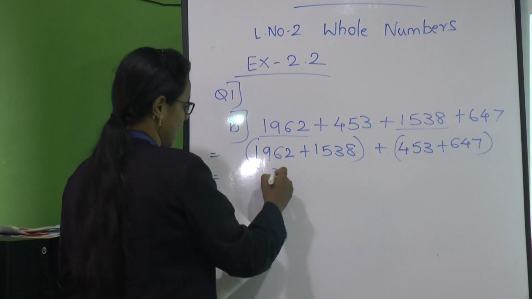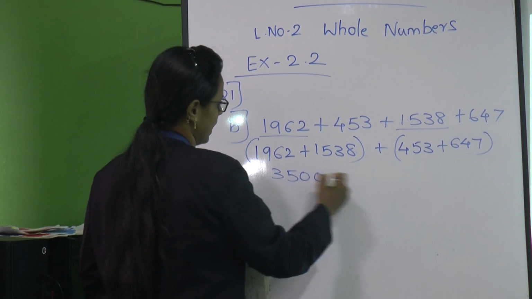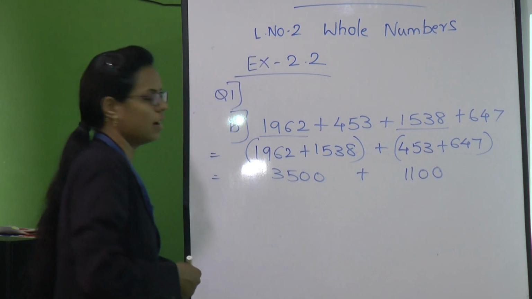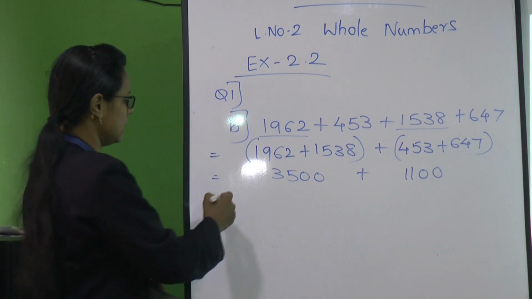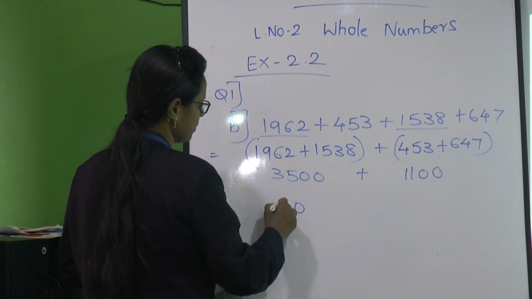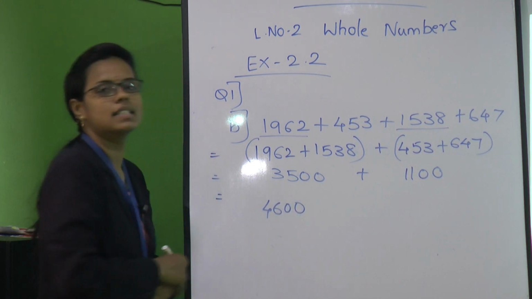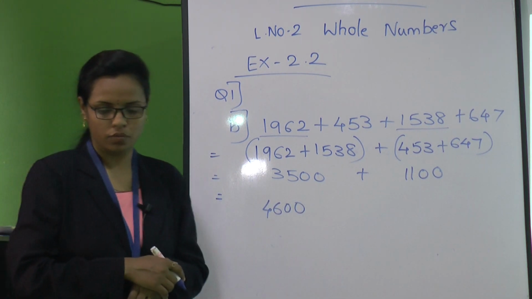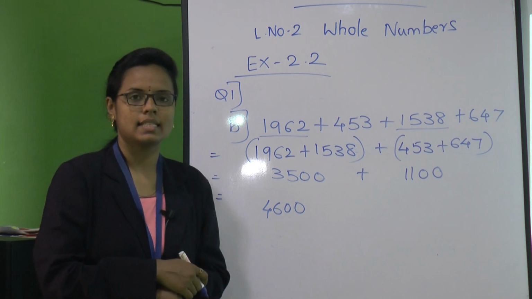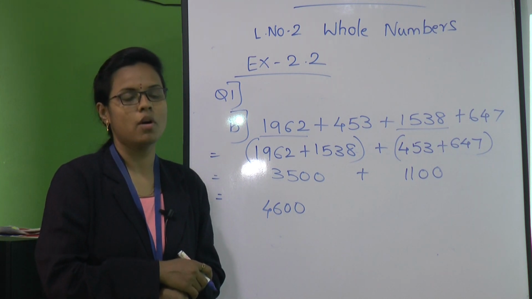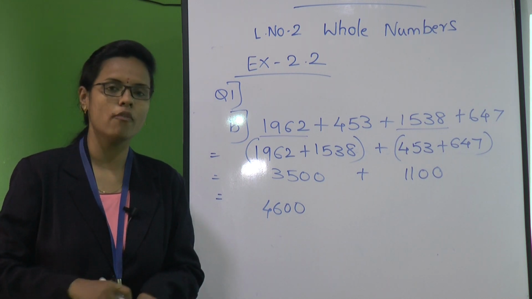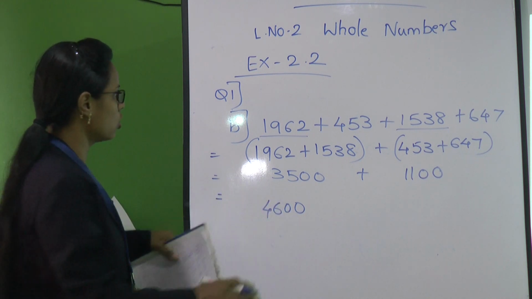When we add, we get 3500 plus 1100. After doing this, it is easy to find the addition. It becomes 4600. So this is the example to find the sum of the given numbers by doing the rearrangement of numbers. Let us go to next question.